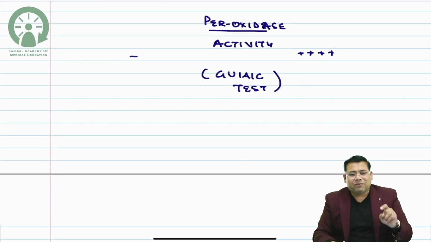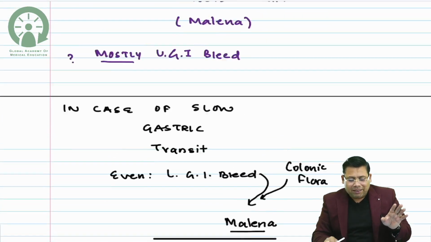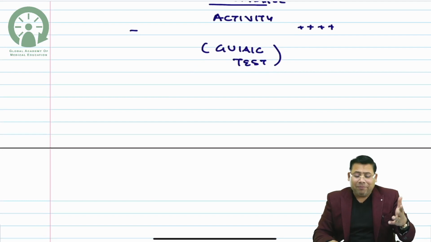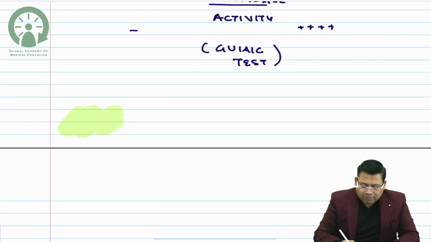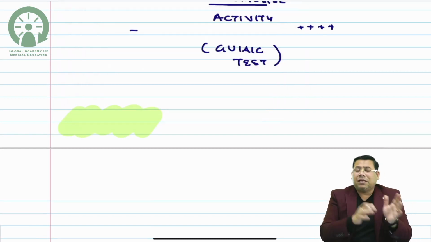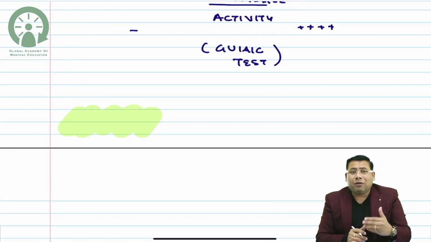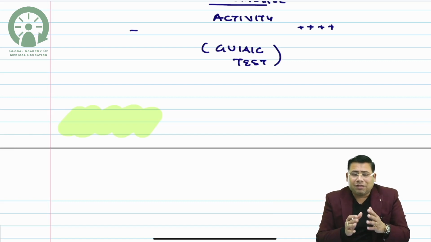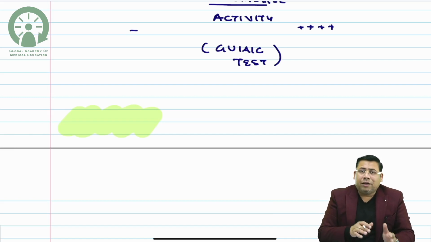So we have come across one term which is melena, and another term, that is the concept of hematemesis. Next, let us talk about one more concept. Now let us talk about hematochezia and rectorrhagia. What is the difference between rectorrhagia and hematochezia?